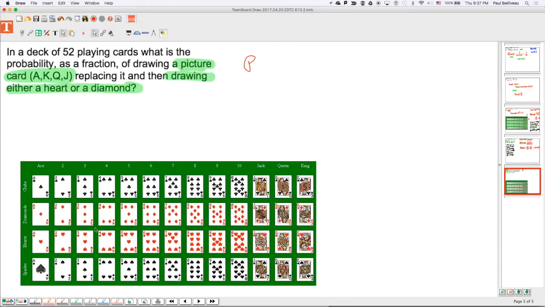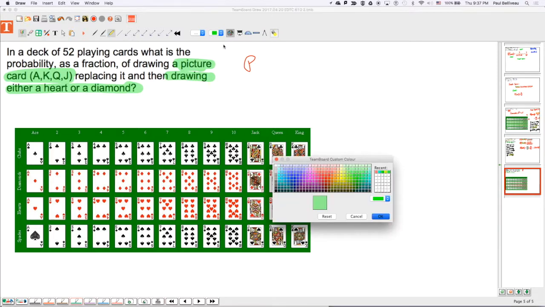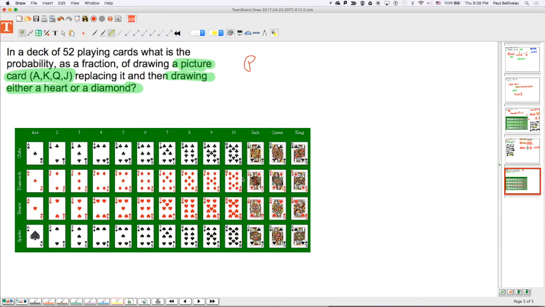Okay, so if we're looking at our picture card here, our deck of cards, let's get a better color for this one. Okay, the picture cards are jack, queen, king, or ace. And each of these picture cards can occur 4 different ways.